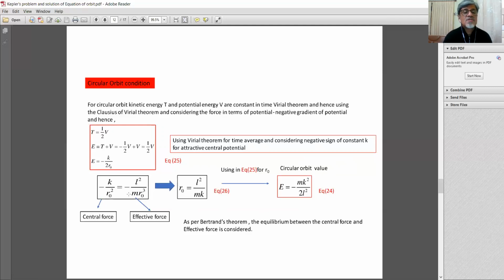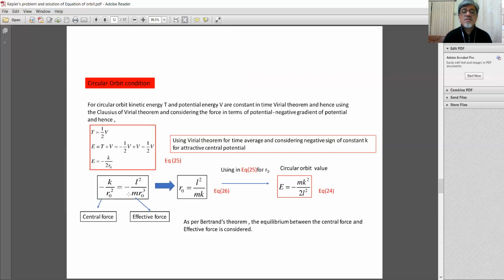So central force is represented as minus K divided by r0 square, and effective force is represented as minus L square divided by m r0 cube. And if we simplify, then it becomes r0 equal to L square divided by mk. So we represent it by equation number 26.